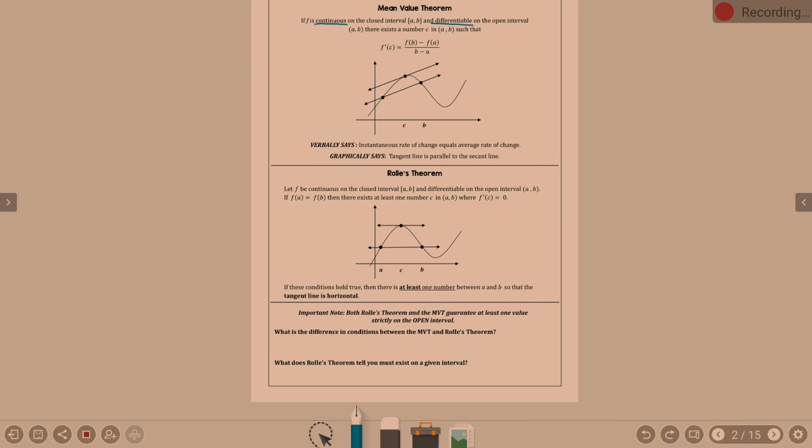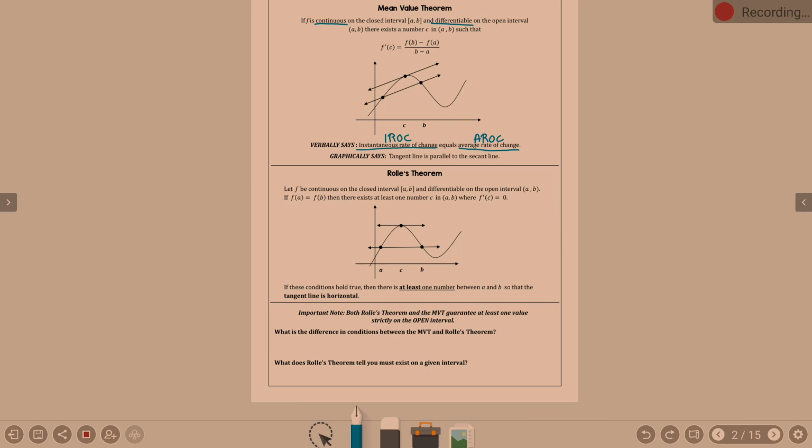Now, a couple of different ways to think about this. What does f prime of c represent? Slope, which is also known as IROC. F of b minus f of a over b minus a is slope also, but slope between two points, so AROC.